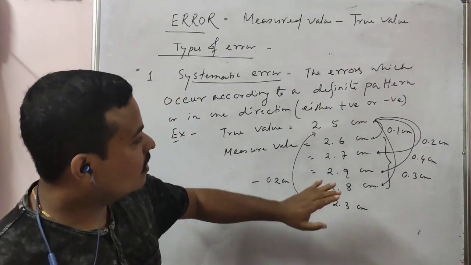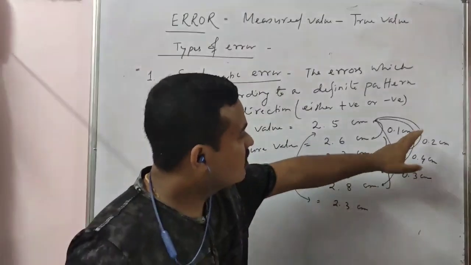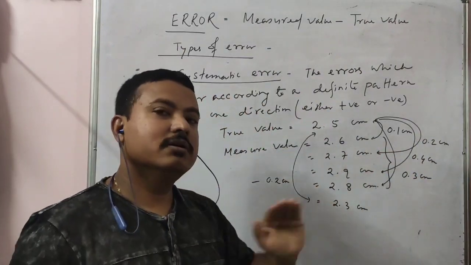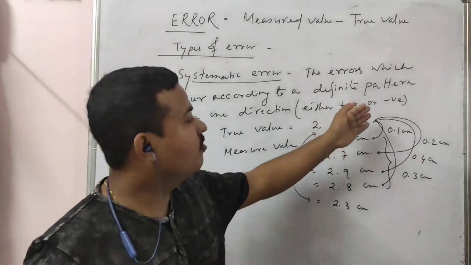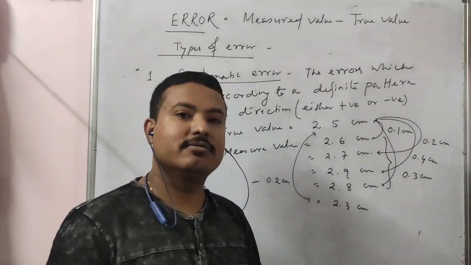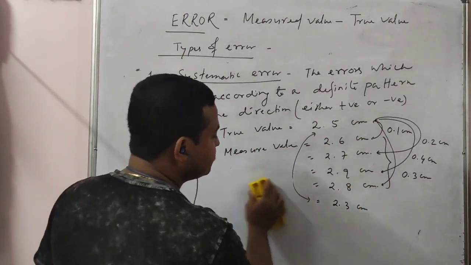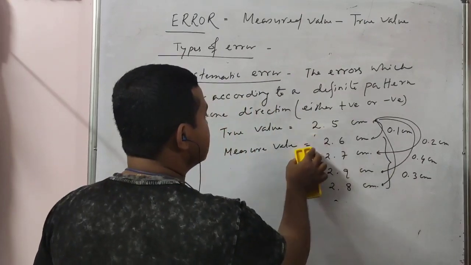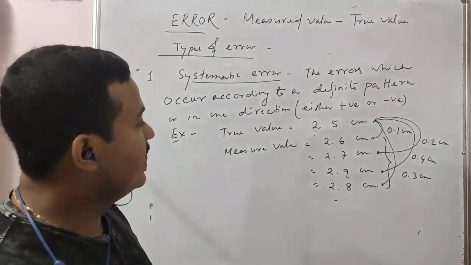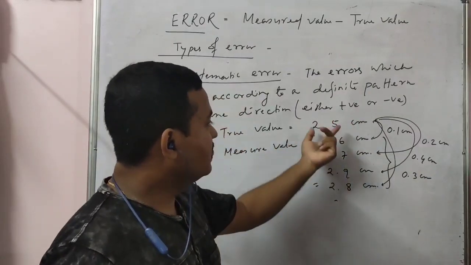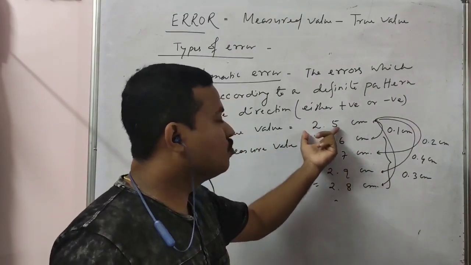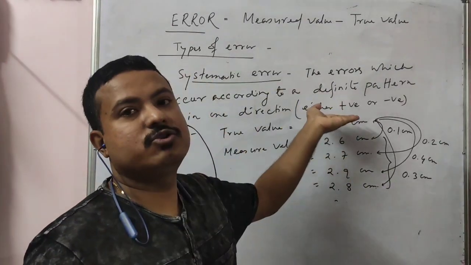So in systematic errors, either the error is positive or it is negative, but it cannot be a combination of both positive and negative. So here the measured values in systematic errors must be greater than the true value or less than the true value.